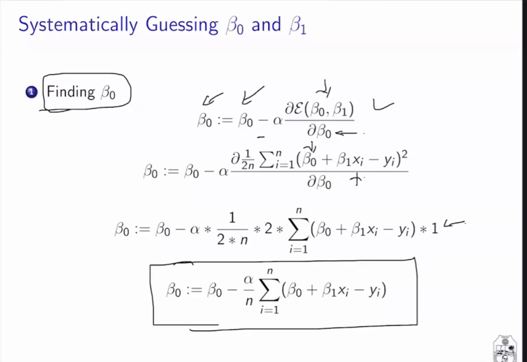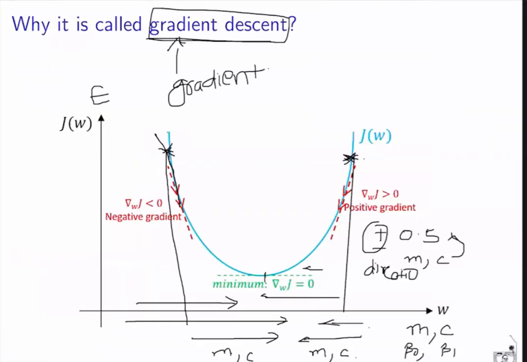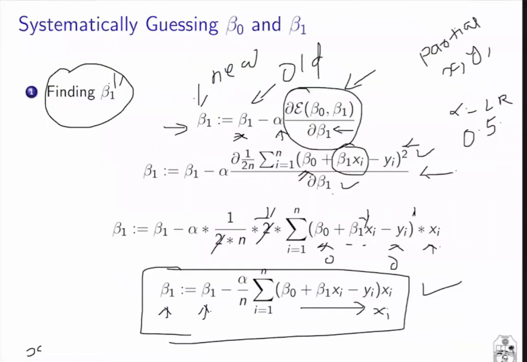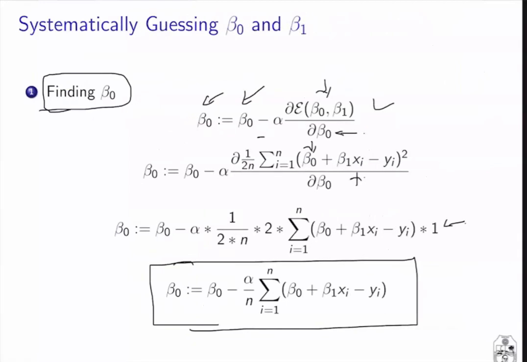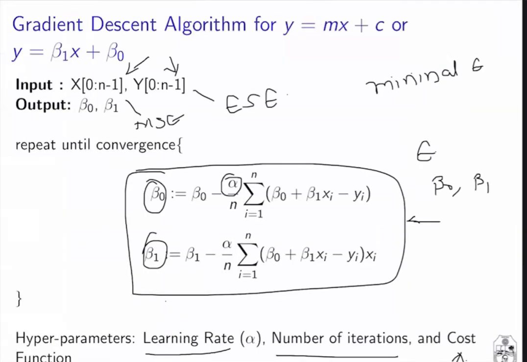In this case, the cost function that we have defined is here. This is our cost function. The objective of the gradient descent algorithm is to find the minimal value for the cost function.